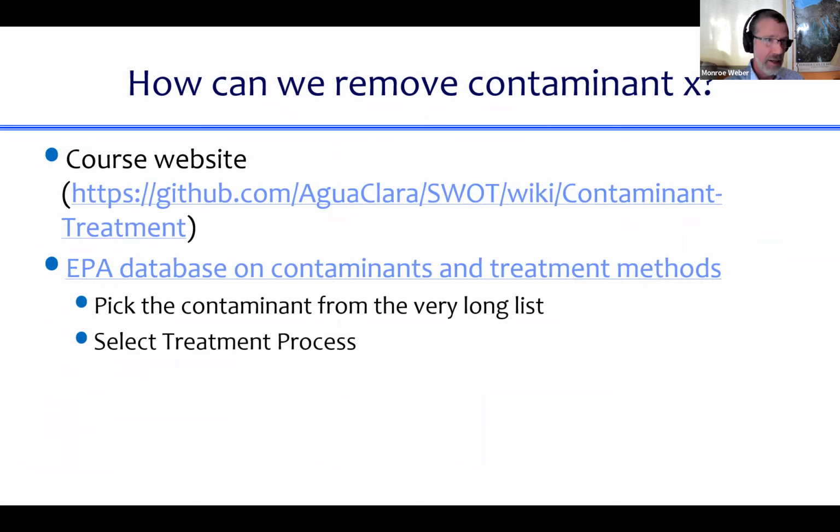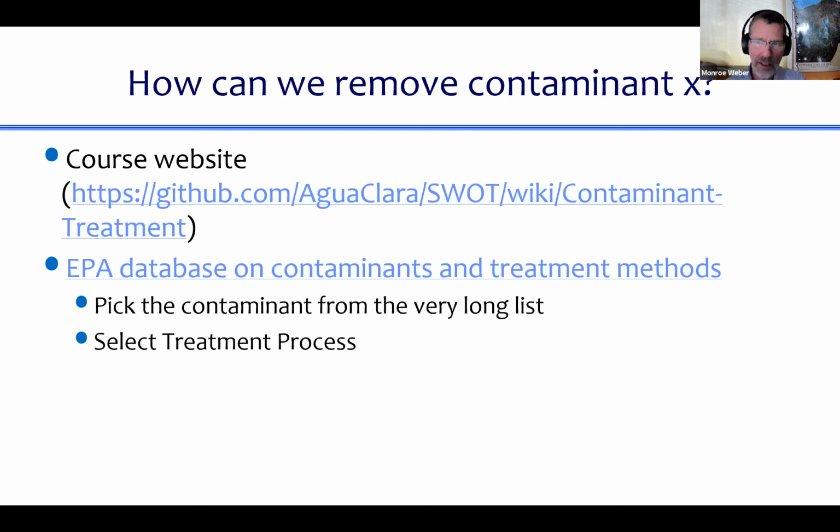So I can't teach you how to remove all these chemicals, but I want you to know that there are some great resources out there so that if you get a consulting job and they say, wait, community X has this contaminant Y, what are your best options for removing this contaminant? EPA has put together a very nice database, and I'm not going to click through this because you can do this easily on your own.